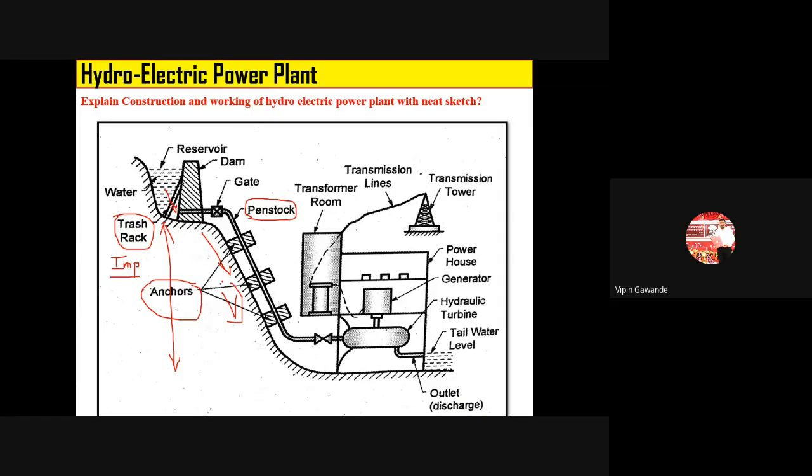That's why we put the water tank on the terrace in our building, so that the head is developed and water comes without using any pump. We require a pump for lifting the water to the tank in our house, but whenever it comes downward we don't require the pump. It comes automatically because of gravity.